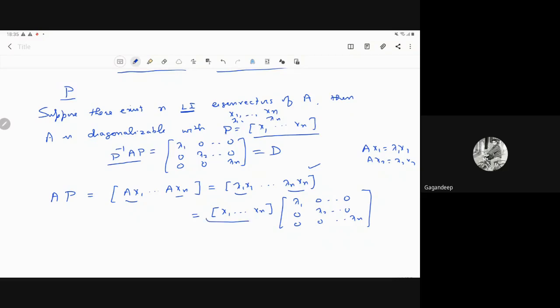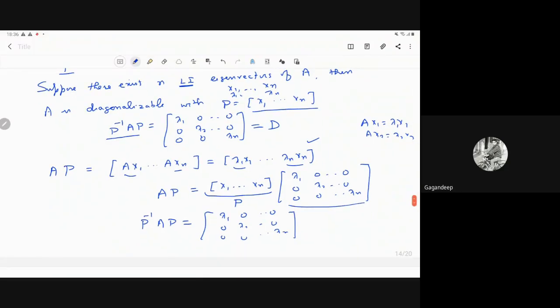This is your P. Now A times P equals P times this diagonal matrix. So if I pre-multiply by P inverse on both sides, what do I get? A diagonal matrix with diagonal entries exactly the eigenvalues of the matrix.